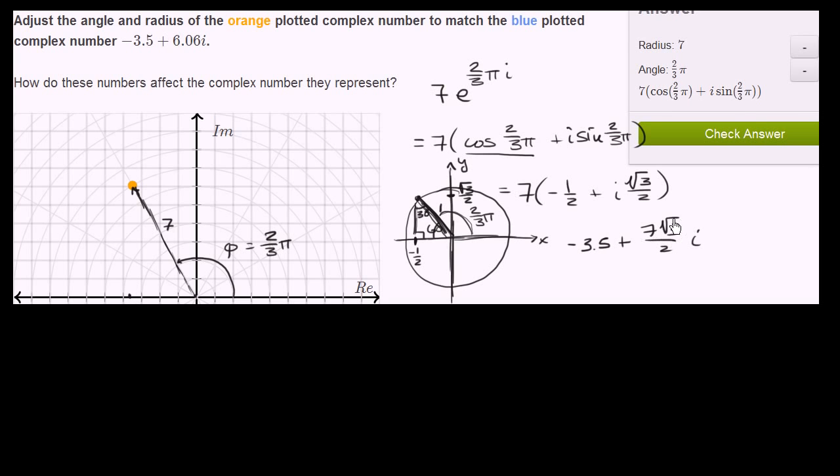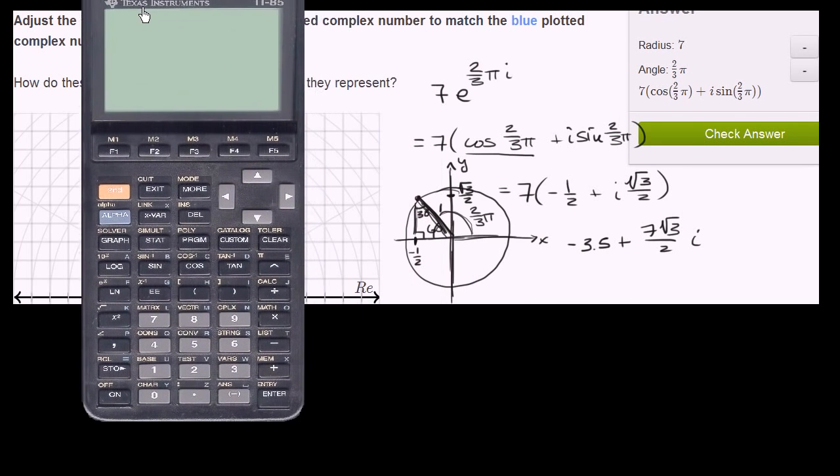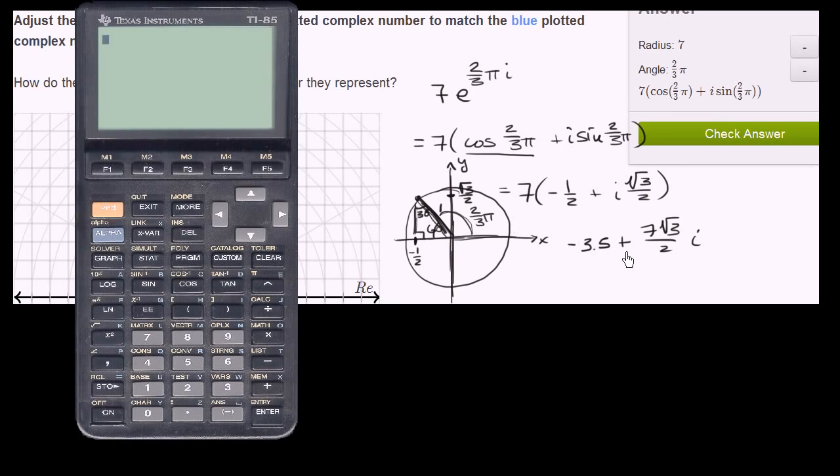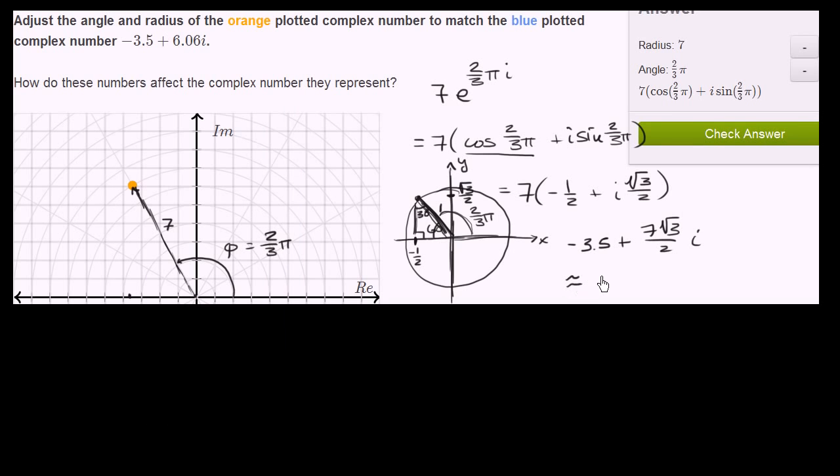And I'll just get a calculator out to evaluate this and see if it is roughly 6.06. So get my trusty TI-85 out. And then I want to evaluate 7 times the square root of 3, and then that divided by 2 is indeed 6.06 if we round to the nearest hundredths. So this is approximately equal to negative 3.5 plus 6.06i, which is exactly the complex number that we started with.